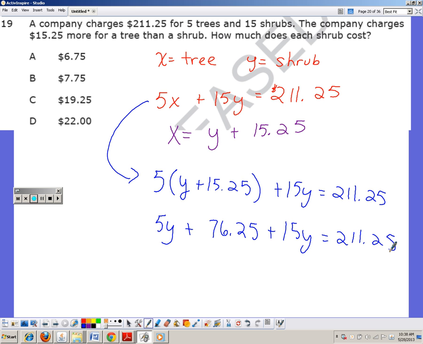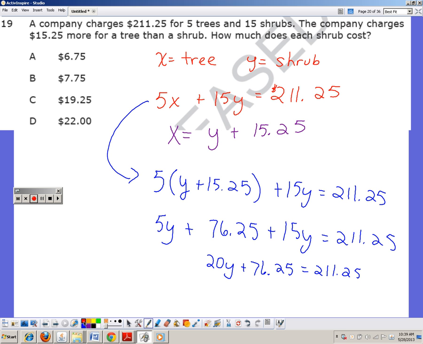Combine like terms. 5y plus 15y is 20y plus 76.25 equals 211.25. Yet again, you want to get the variable by itself.